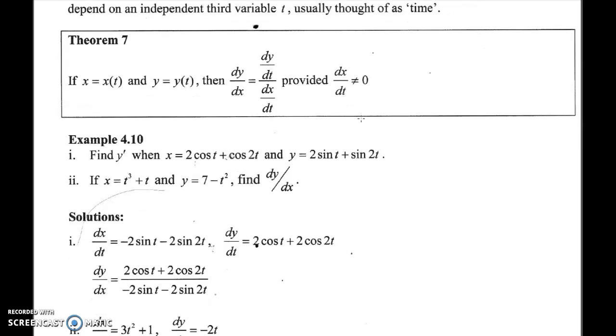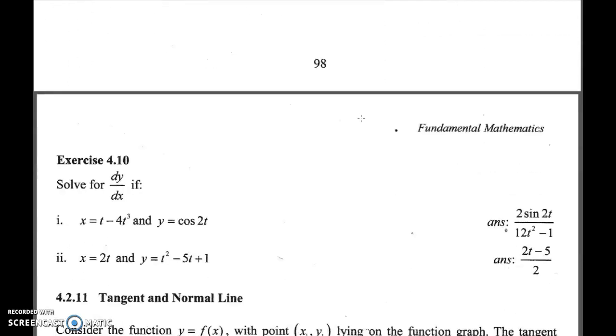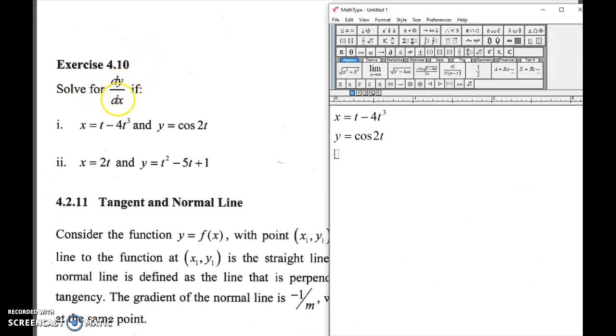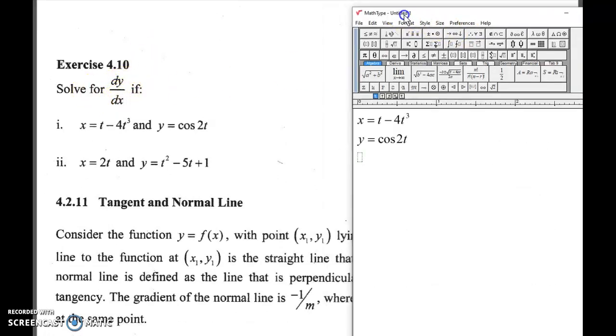Okay, so let's try to differentiate using parametric differentiation on exercise 4.1. Solve for dy over dx for this question. We have x with this function and y with this function. So let's find the derivative by using these two pieces of information.